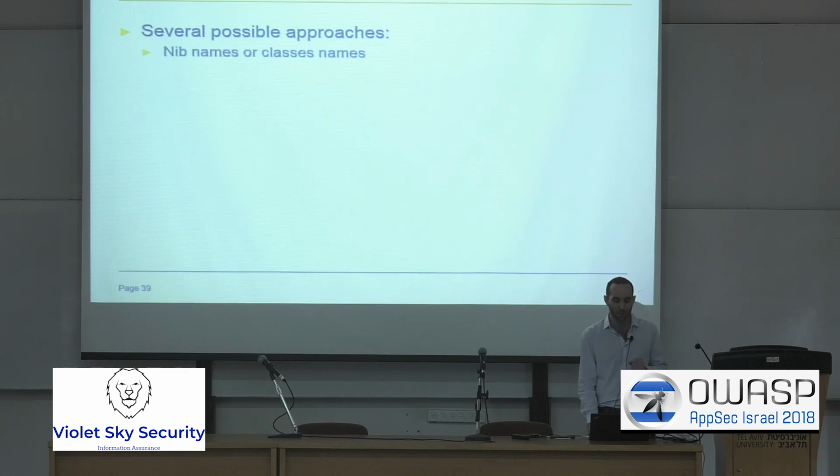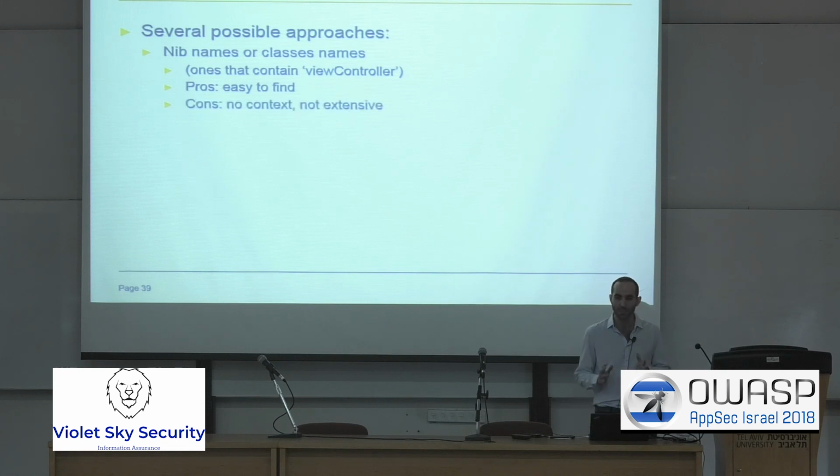First approach would be to look for nib names. Nibs are files that contain configuration of views, among the rest of view controllers, or of the class names. For instance, look for ones that contain "view controller" in them. It is easy to find, but the main problem is that first, there's no context. For instance, let's assume that the application has like 150 view controllers.